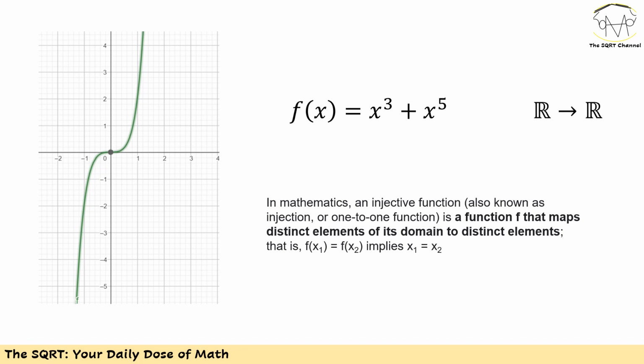In mathematics, injective function, sometimes called injection or one-to-one, is a function that maps distinct elements of its domain to distinct elements of its range. So basically, if I have f of x1 equals to f of x2, I can say that x1 and x2 are the same or identical or equal. So here, in this case, remember what we had. We had this f of x and f of k are equal. So it says x and k are equal.